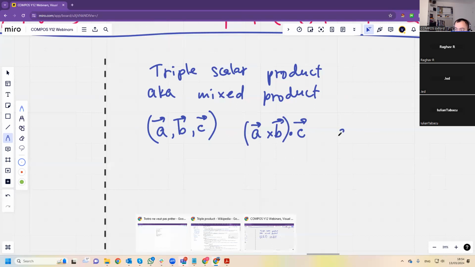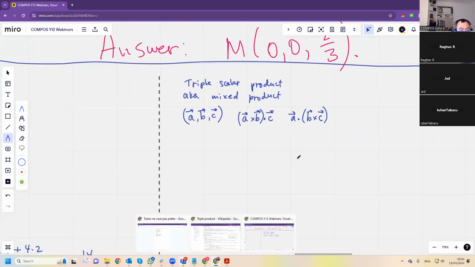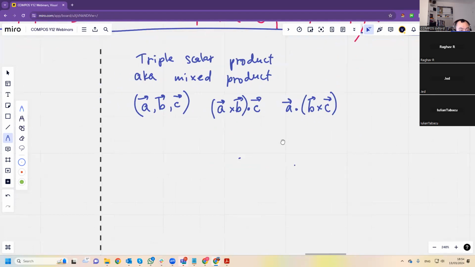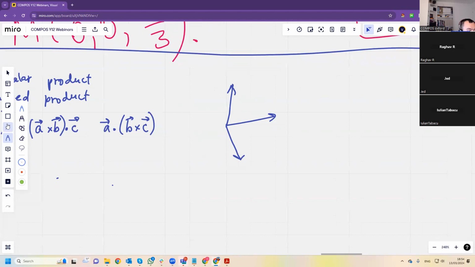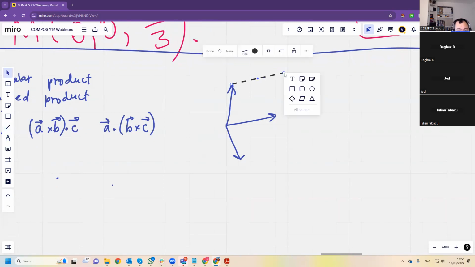Yeah, or sometimes written as A dot B times C. These are all the same thing. These are all equivalent. Now, the interesting thing about it is that if you take three vectors, and you draw a parallelepiped, it is like a cuboid, but not.